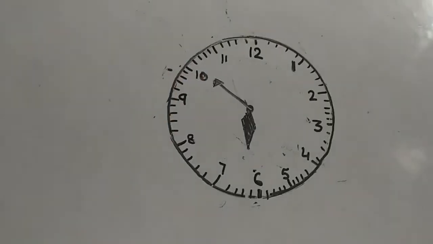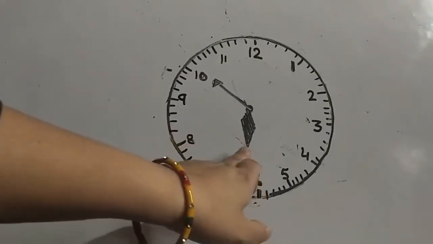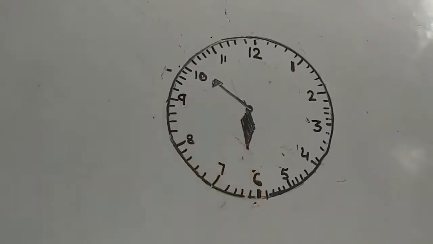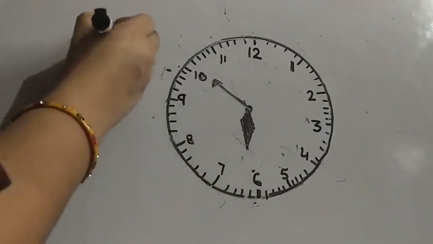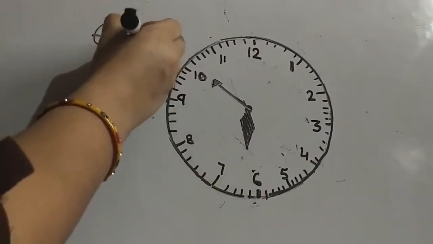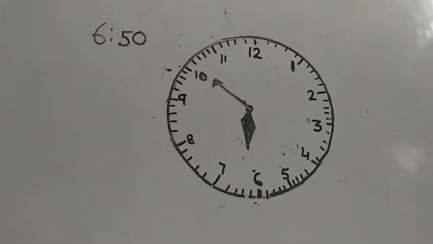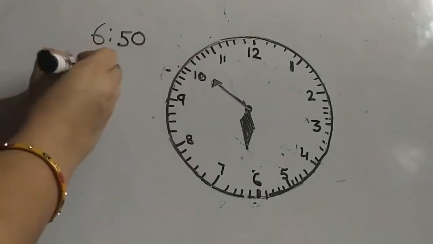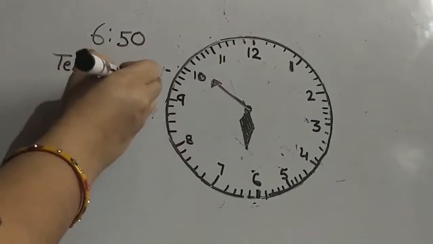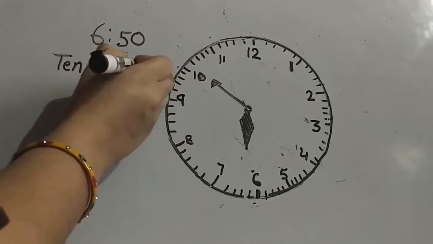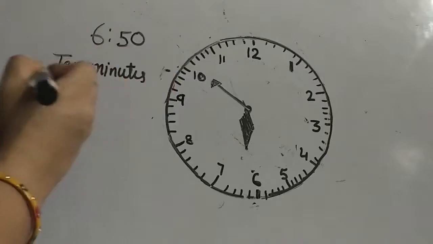Next situation, our hour hand is on 6 and the minute hand is on 10. So 6:50. How many minutes are left to 7? 5 and 10. So 10 minutes to 7.